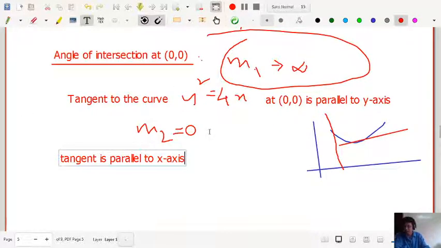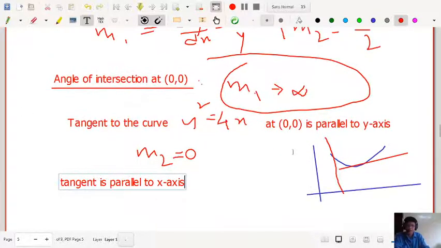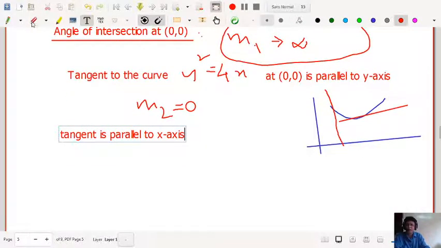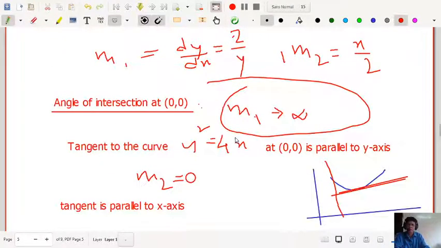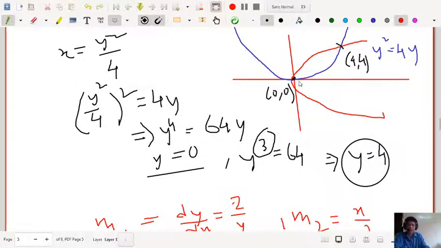So what is the angle of intersection? They must be at right angle. You look at that, at their point of intersection, if this is the situation, then your angle will be 90 degrees, no other possibility. So look at the diagram. If you draw the tangents, the x-axis and y-axis as the tangents, you will see they intersect, and their angle of intersection will be 90 degrees.